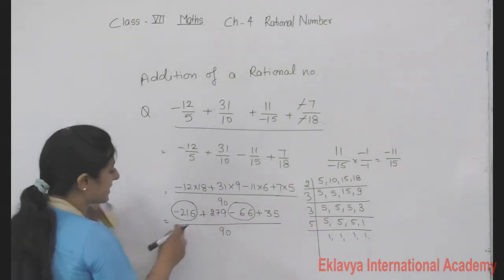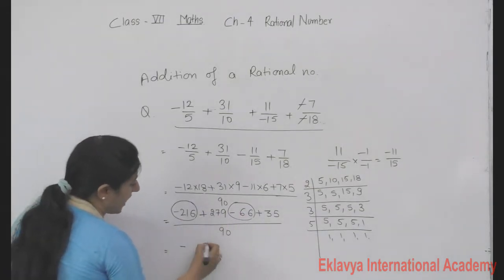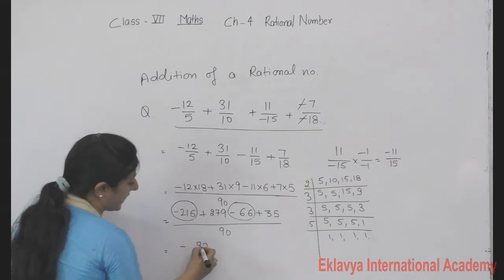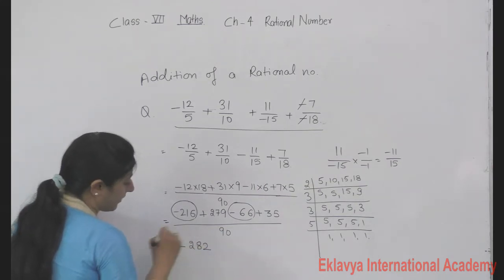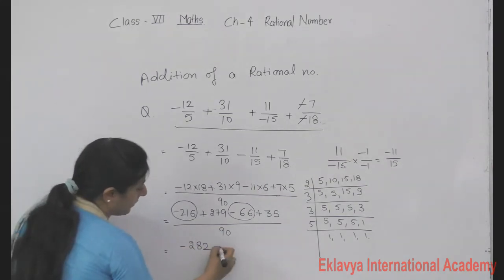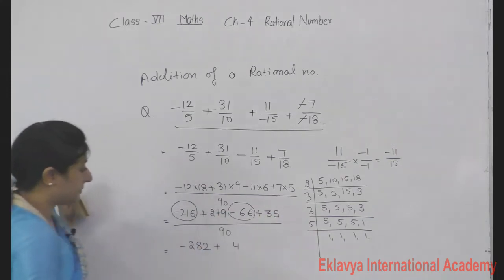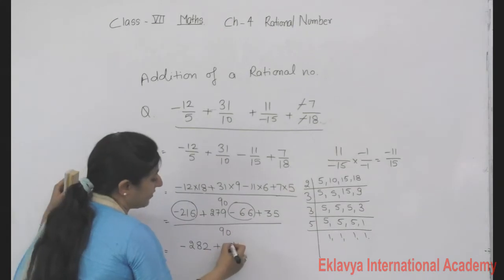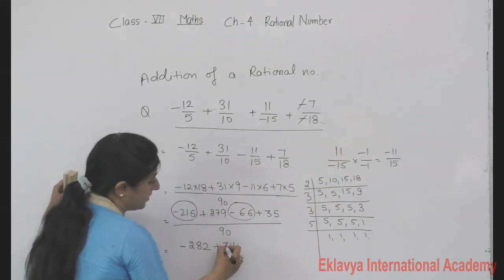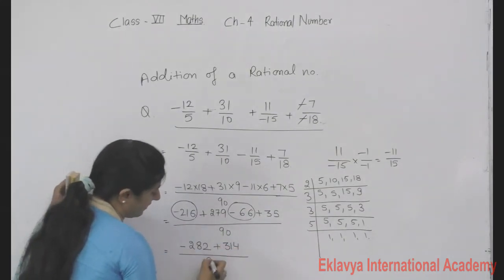Adding: 6 6 12, 6 1 7, 1 8, 282, plus 9 5 14, 7 3 10, 1 11, 314, divided by 90.